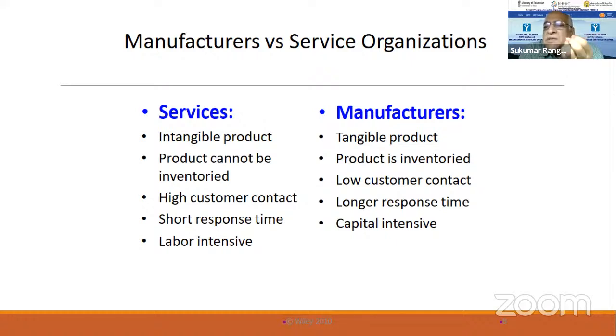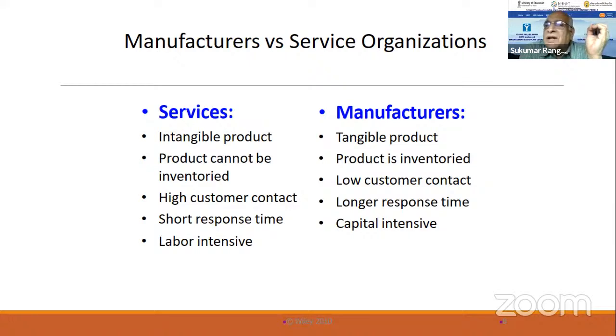When your old soap is over, then you open the new one and use it. From the manufacturer of the soap till it reaches you, it has passed through many levels of being inventoried, at the distributor level, at the retail level, at the shop level, before it reaches you.